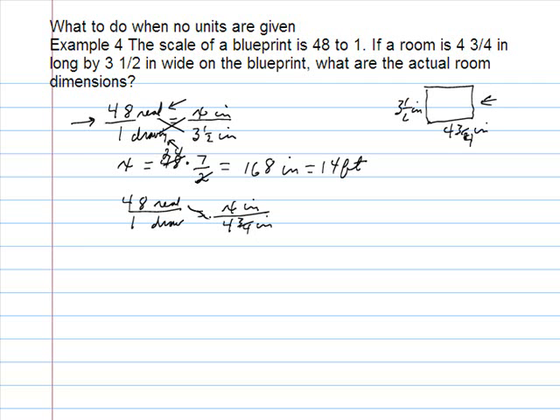So we set our cross products equal. We get 48 times 4 3/4, which would be 19/4, is equal to x. The 4 cancels with the 48 to give me a 12. So 12 times 19.